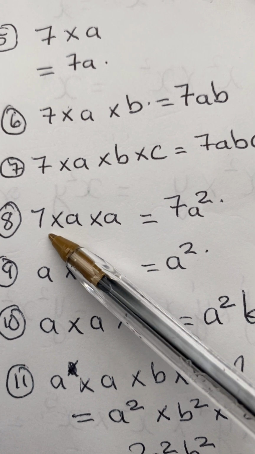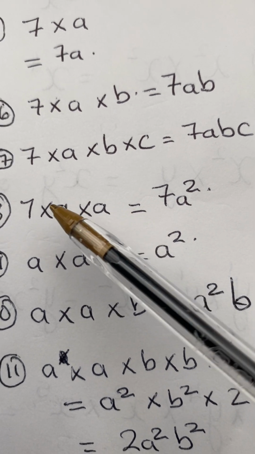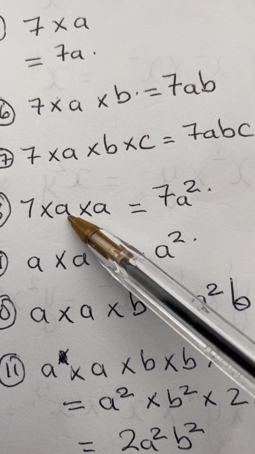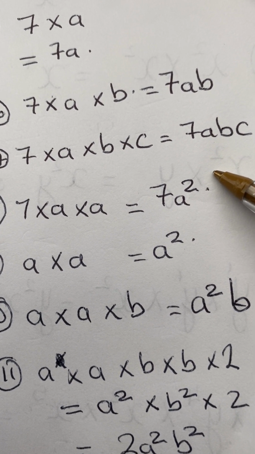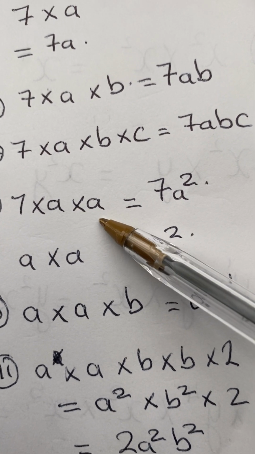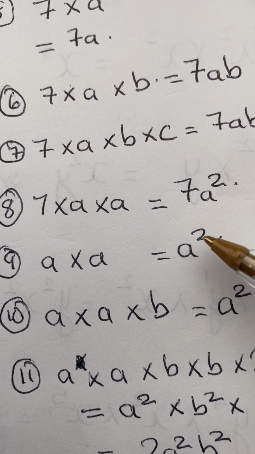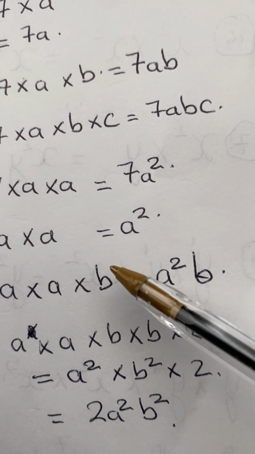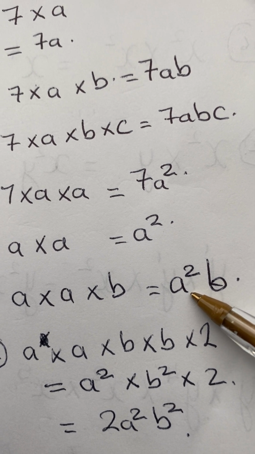Now 7 times a times a. So now we have 7 times a, as here is 7a, times another a will be 7a squared. a to the power 2, because we have 2 a's. a times a is a squared. a times a times b is a squared b.